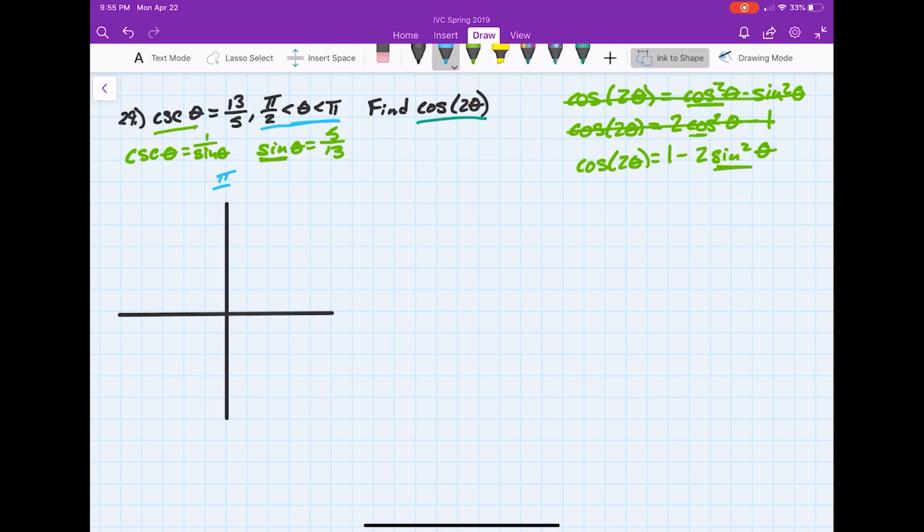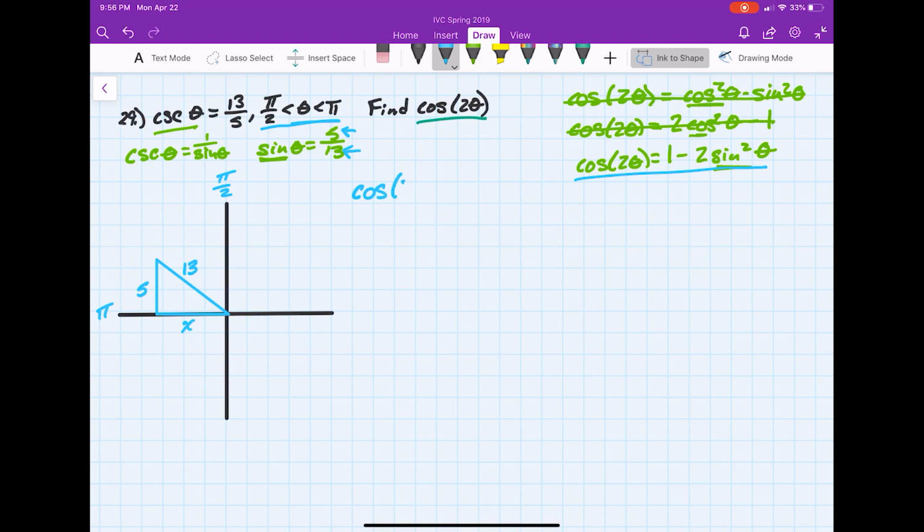And since we're between pi over 2 and pi, we know that this angle is in the second quadrant. I can draw this as the 5 is our y value, and the 13 is our hypotenuse. So there you go. And our cosine value, our x value, is just x. Since we're using the identity that we chose here, we don't need to know what cosine is because we're using sine squared theta.